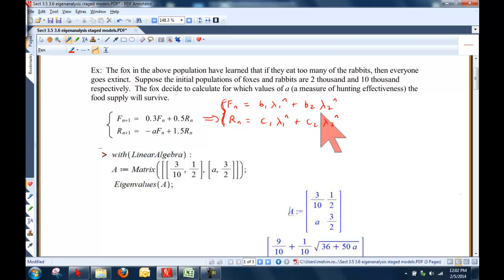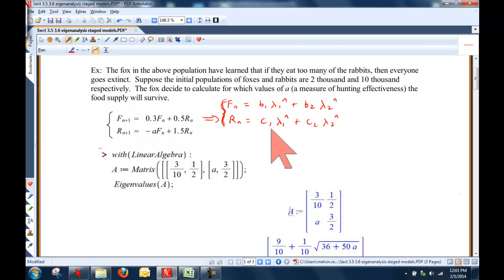Lambda 1 and lambda 2 are the eigenvalues. And again, in the previous example, a was a specific number, and so we had specific numbers for the eigenvalues. This time, all of this information, all these variables, are going to depend on the constant a. But this is the functional form.